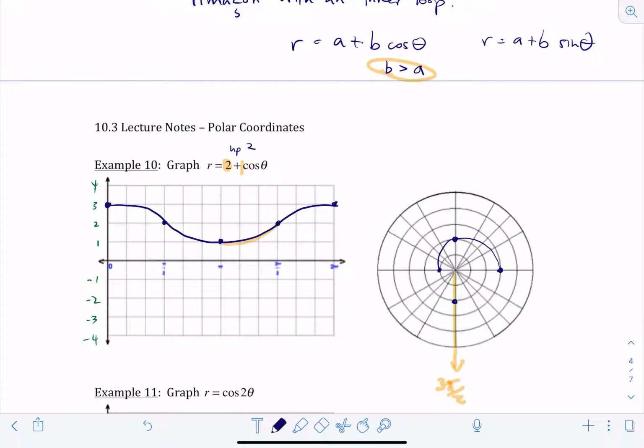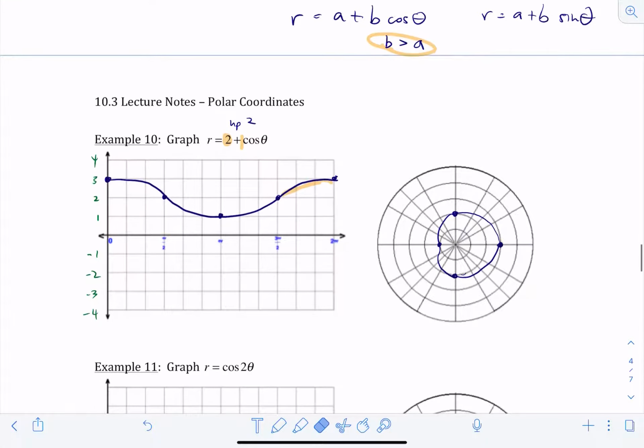And then the last part is 3 pi over 2 to 2 pi. So 2 pi is this way. When we get back to 2 pi, you go back out to 3. So this part comes like that.